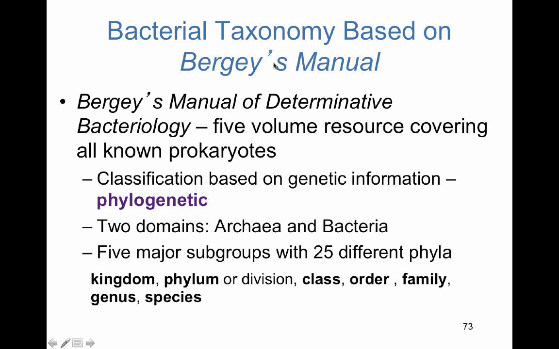So as far as taxonomy, remember, this was from last week, right? The way that we actually name an organism is according to its genus and species. All genus species fall within a family. All families fall within a specific order. All orders fall within a specific class, and so on, phylum and kingdom.